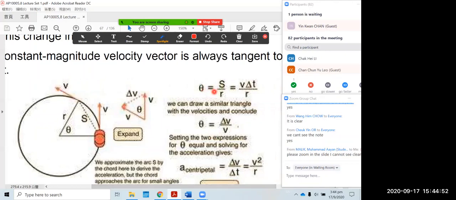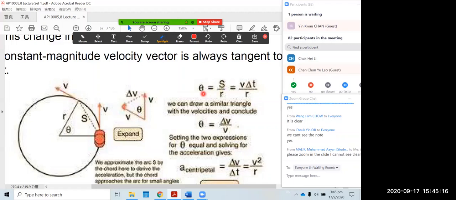Of course, if it is a very large angle, the s is no longer close to the straight line, and you may not have an exact geometry. In any case, here, we write it down as it is the circular path.